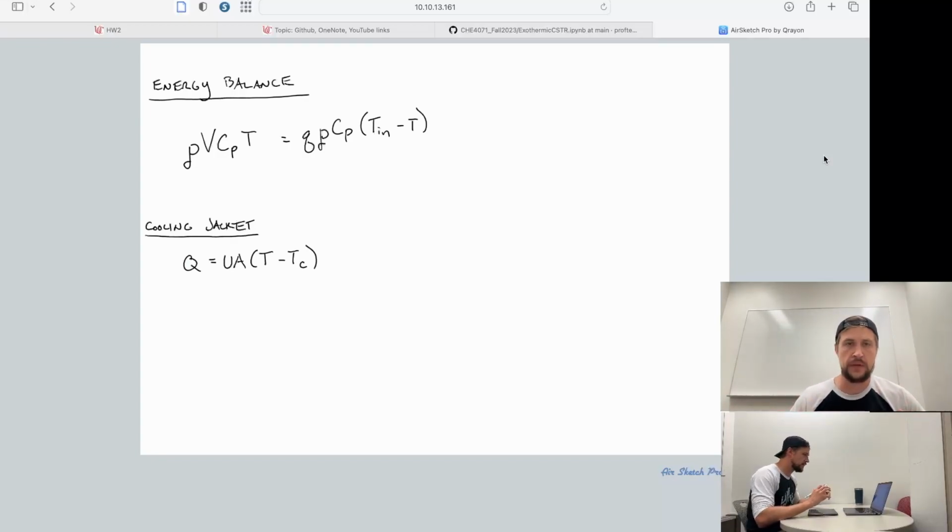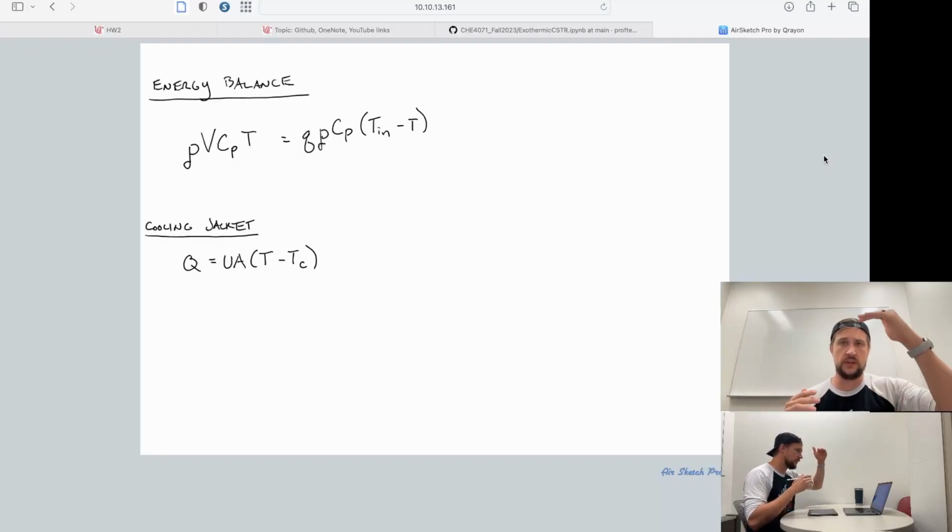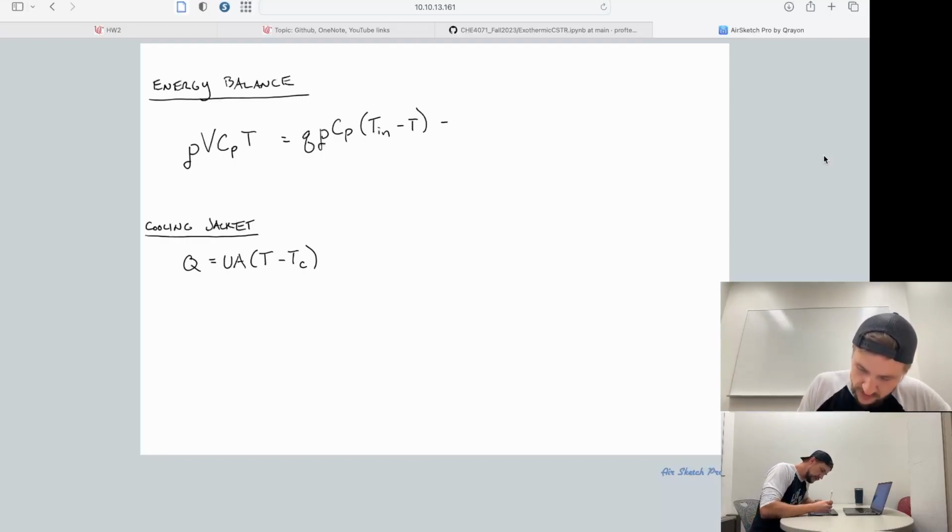And so this is basically saying our UA is averaging out how much heat is going to be able to transfer from the CSTR into the cooling jacket, and that's dependent upon our UA as well as the delta T, the driving differential between the temperature in the CSTR and the temperature in our cooling jacket, so our coolant temperature. And so this is the rate at which energy is leaving the reactor.